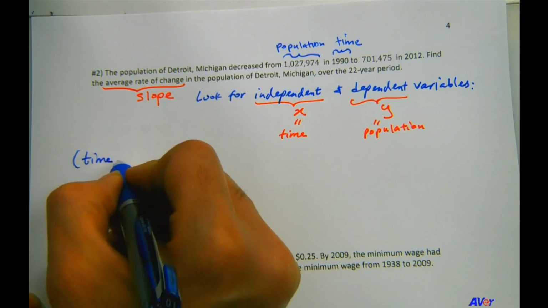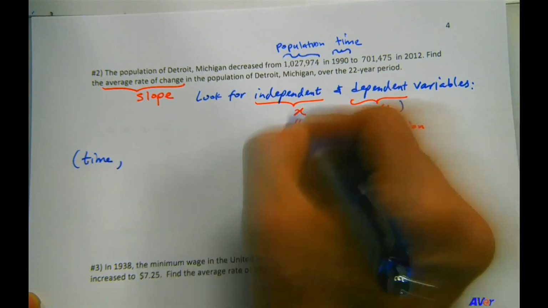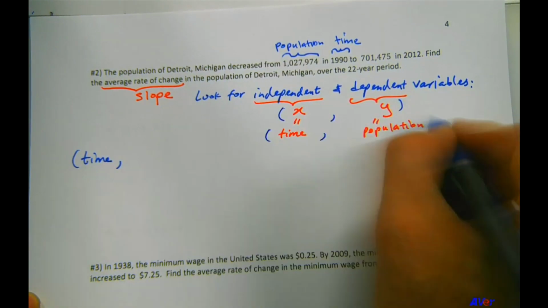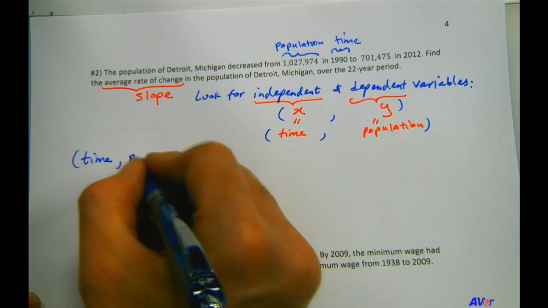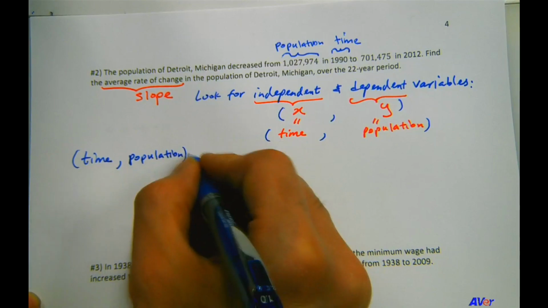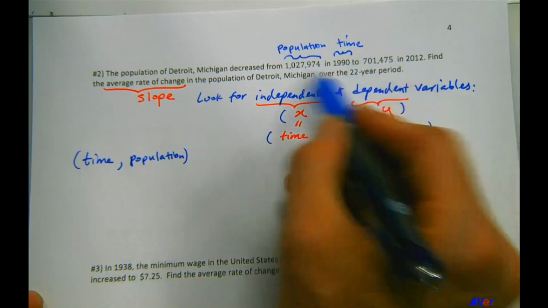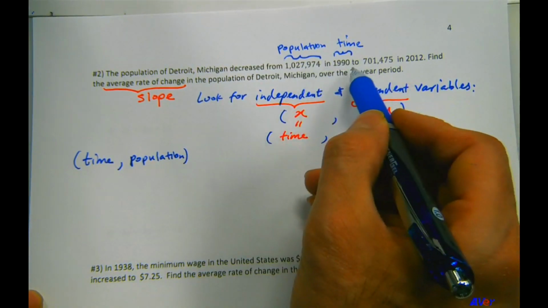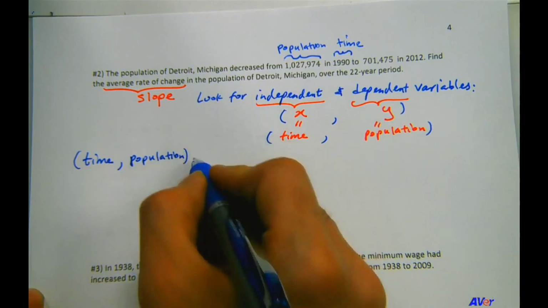Time, comma, right? Instead of x comma y, we have time comma population, right? So time comma population. So knowing that, then let's look at the quantities we have and categorize them here as 2 points.